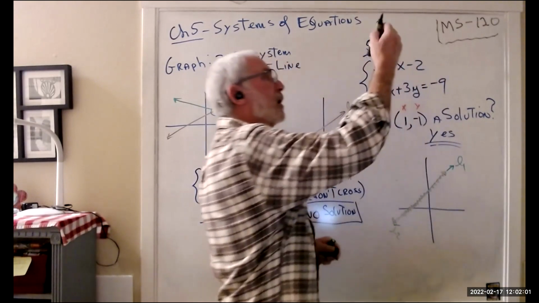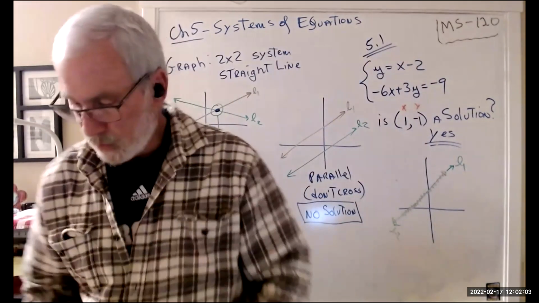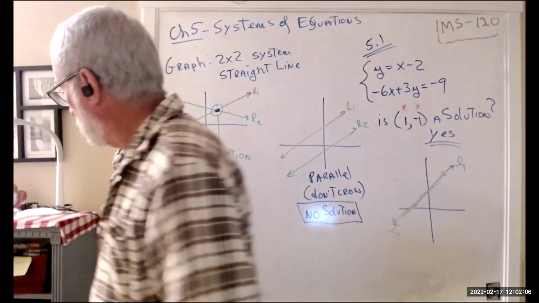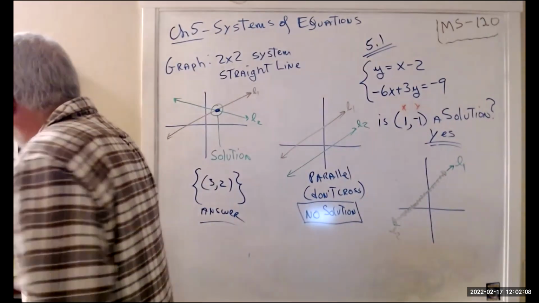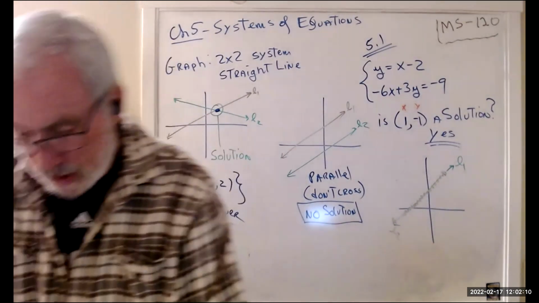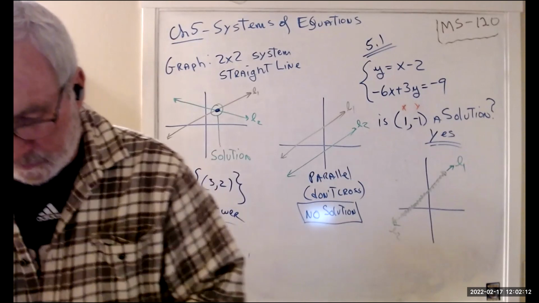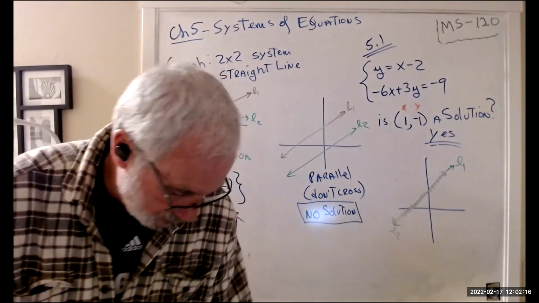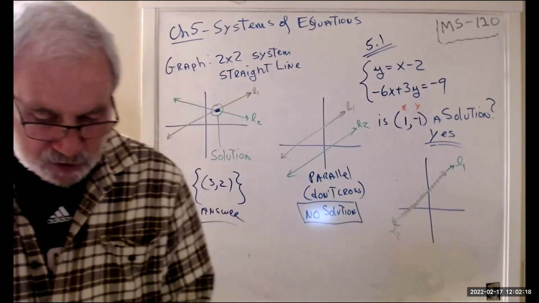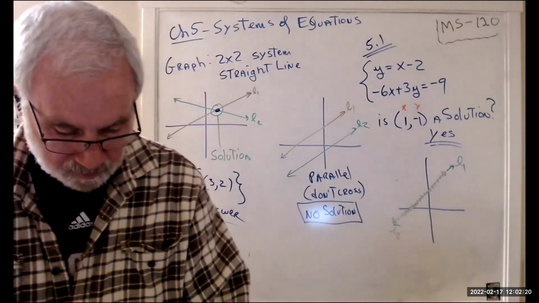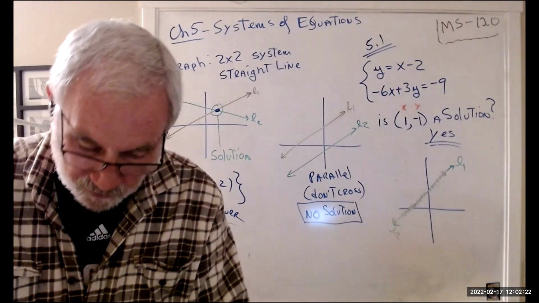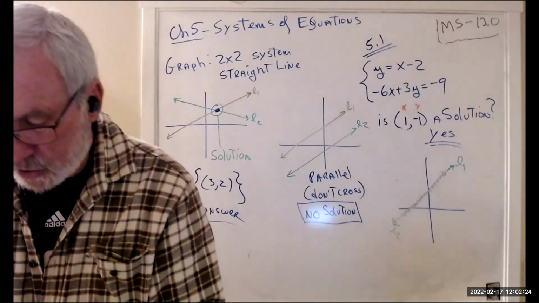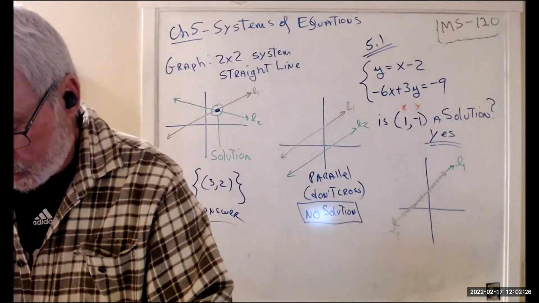It just happens that line 2 is right on top of it. Well, this is really, really awkward. Students don't like this possibility. Although it is a very valid possibility, students don't seem to like it very much.